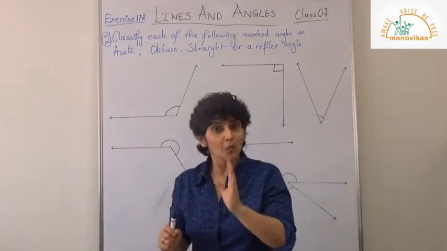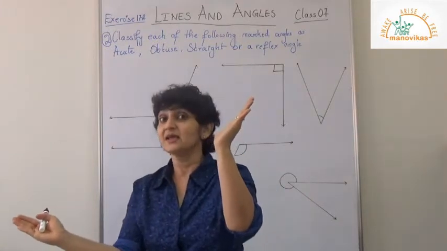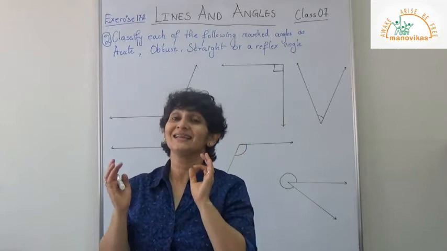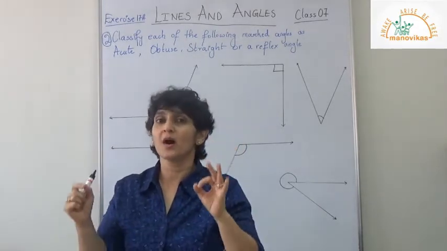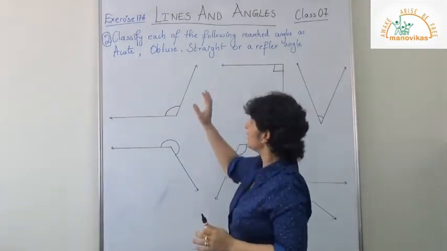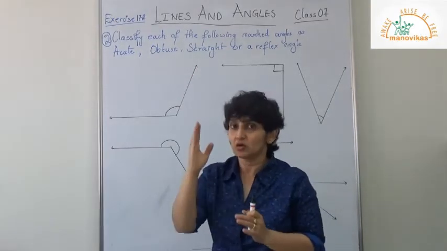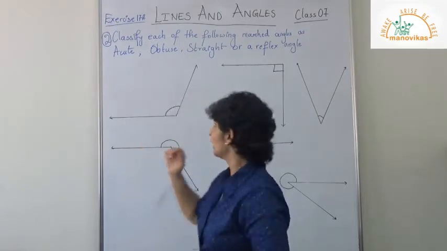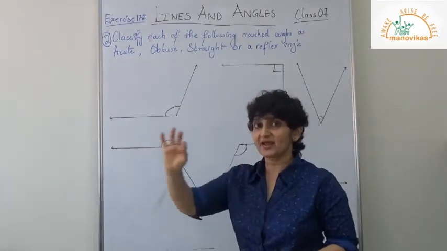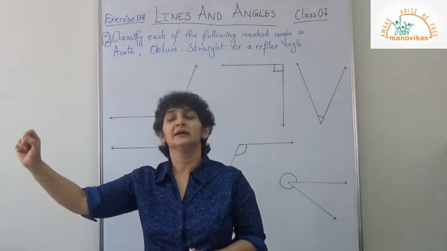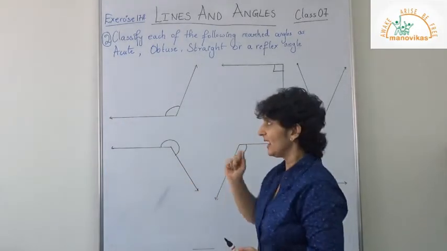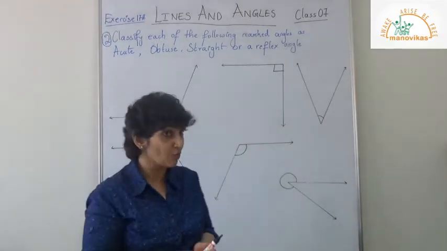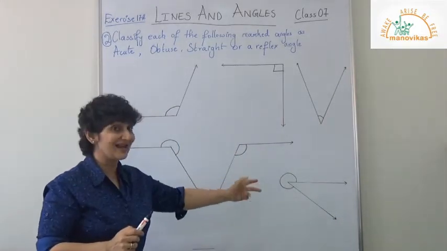When I say obtuse, the angle is more than 90 degrees, but it is less than 180 degrees. Always remember this. In an obtuse, your angle is more than 90, but it is less than 180 degrees. A straight angle is equal to, correct, what is it? 180 degrees.